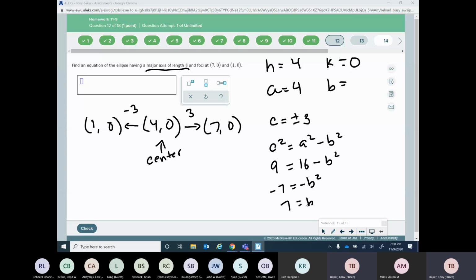So 7 equals B squared. So B is the square root of 7. Because we had the foci, they gave me the C value, so I was able to use that, with the other information I had, to find B.